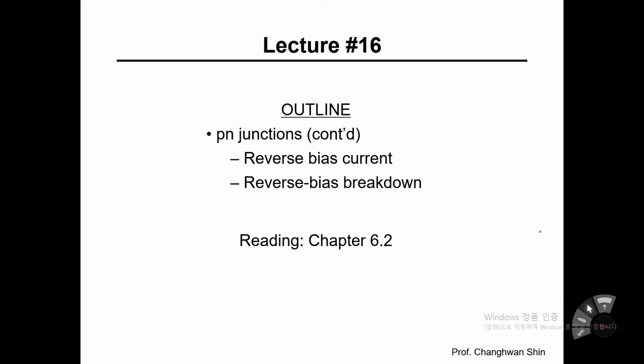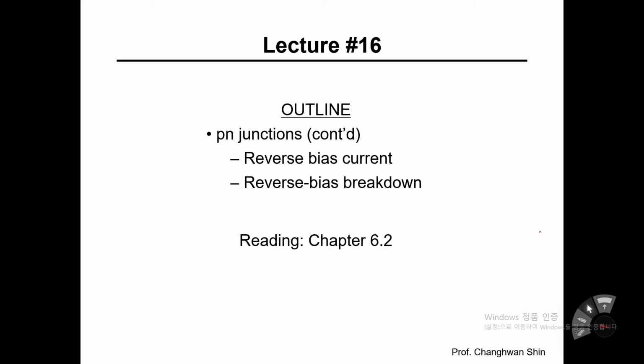Think about that. While we were deriving the ideal diode equation in the last movie clip, we learned that minority carriers are injected into the other side, right? The holes, which were majority carriers in the P side, are injected into the N side, and then the holes act as minority carriers in the N side.